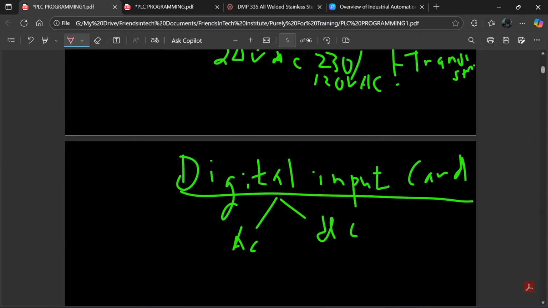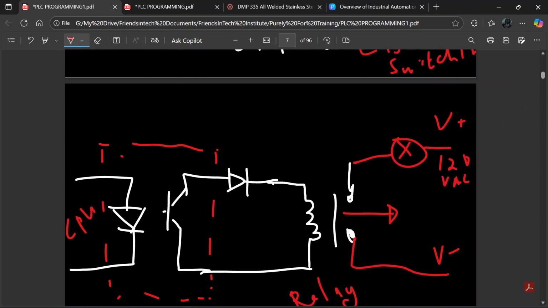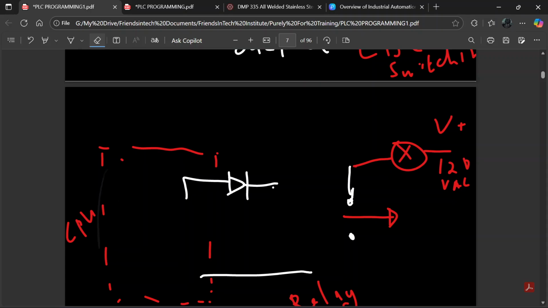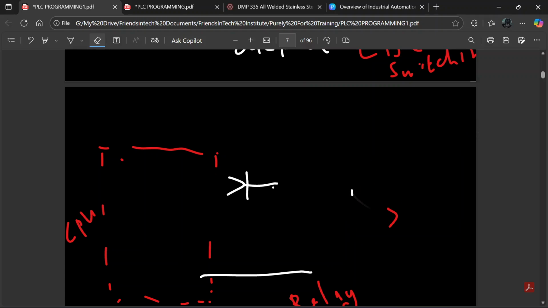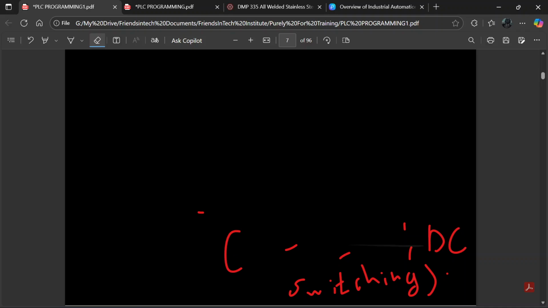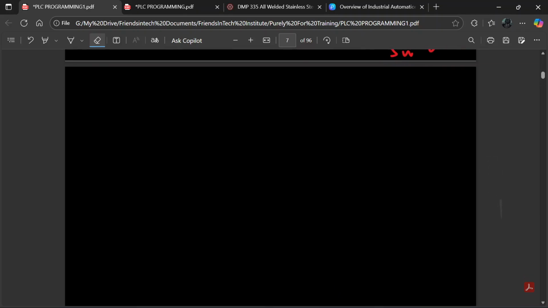This here, analog signals. So we are saying that this is what you get from an analog signal.